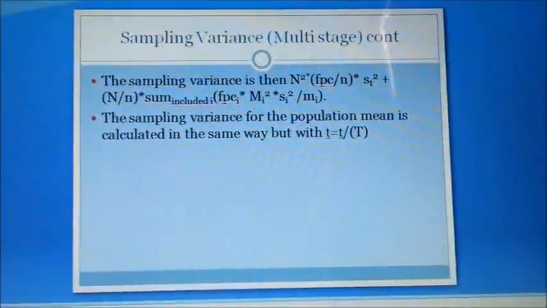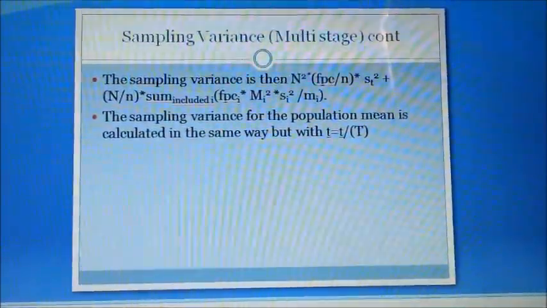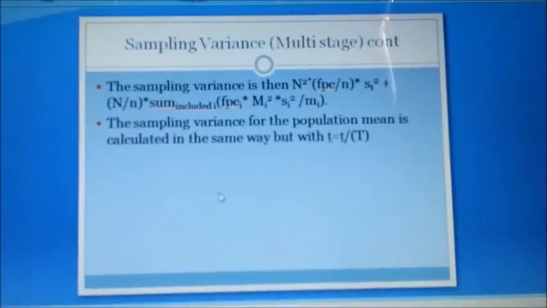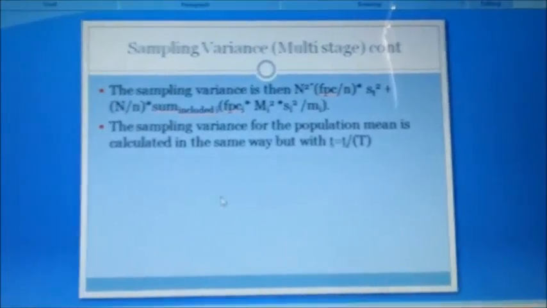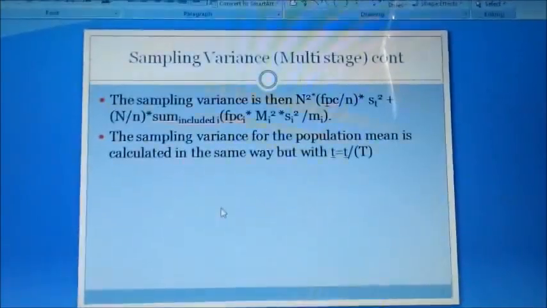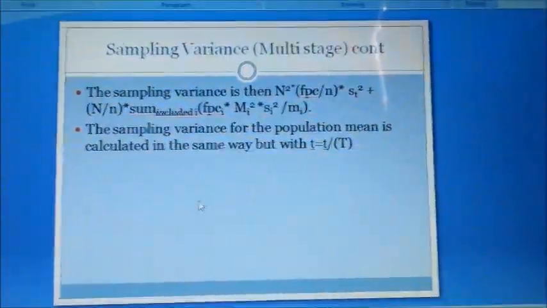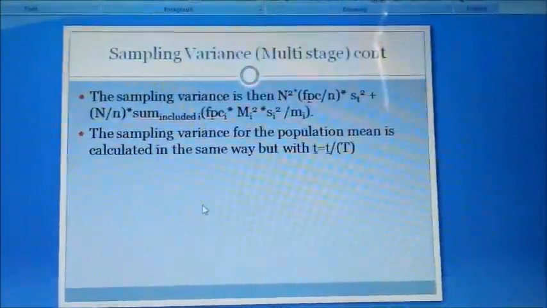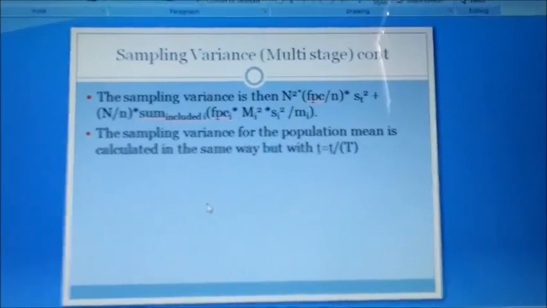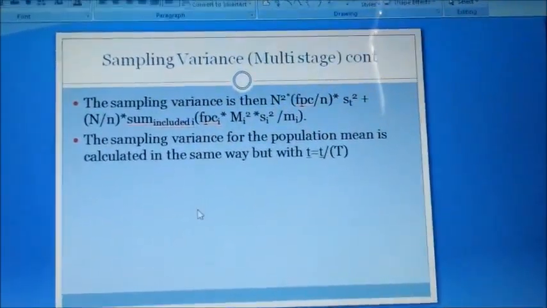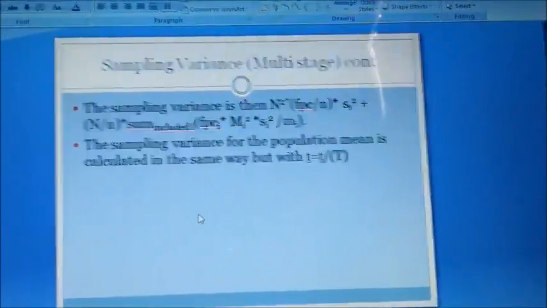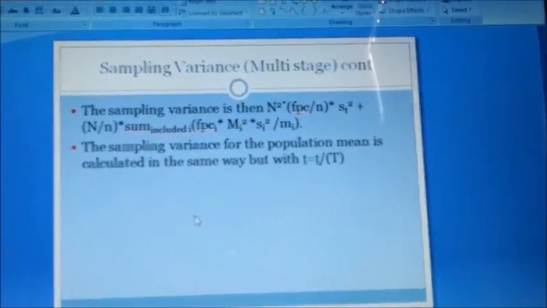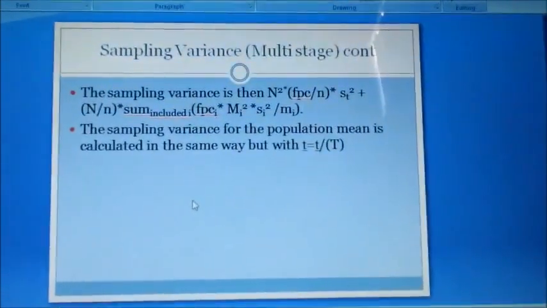So now we have that the sampling variance is a combination of the two earlier terms, which is N squared times FPC on n times st squared, plus N over n times the sum of all clusters included in I of FPCi times Mi squared times the standard deviation of i squared on mi.